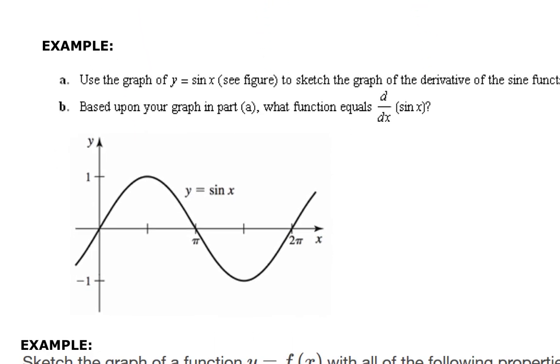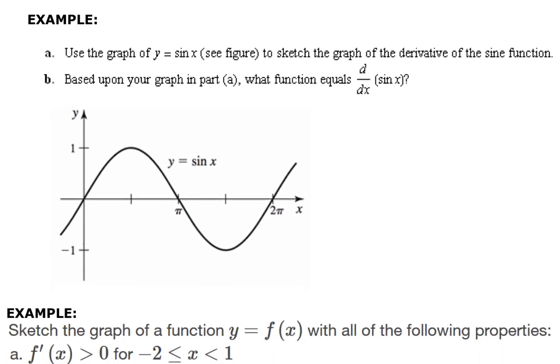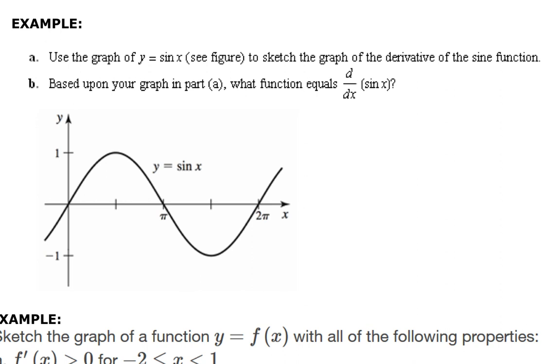We're going to use the graph of sine to sketch the derivative of the function sine. So we know right here, I need to be crossing the x-axis because this is a horizontal tangent. We know right here is a horizontal tangent, so I must be crossing the x-axis for its derivative.